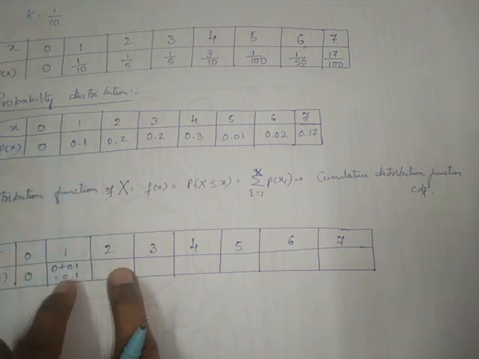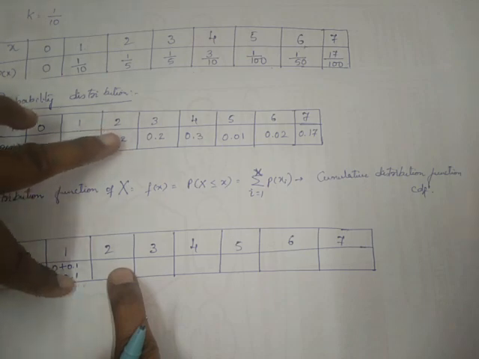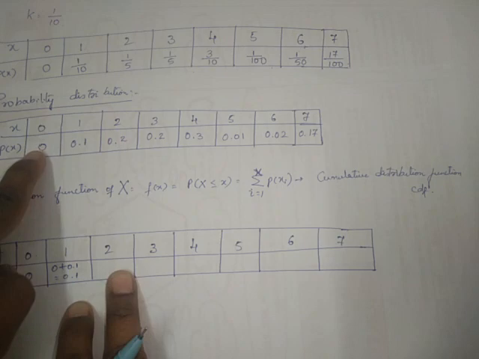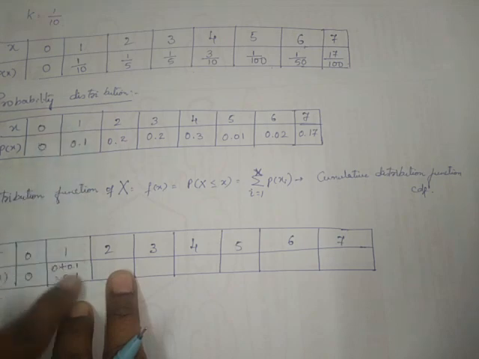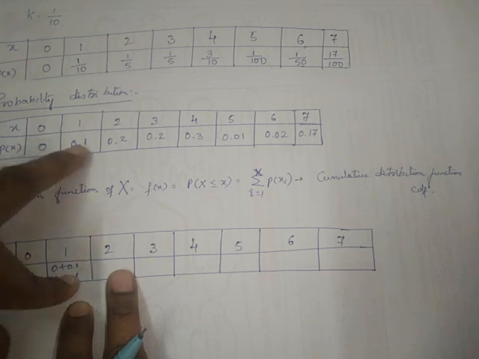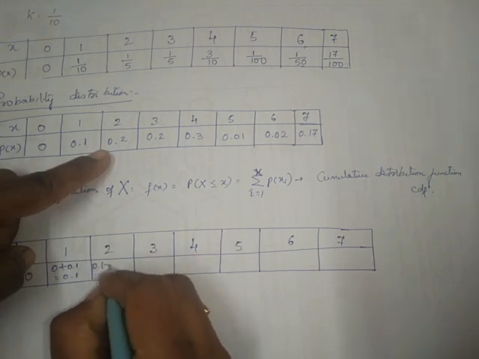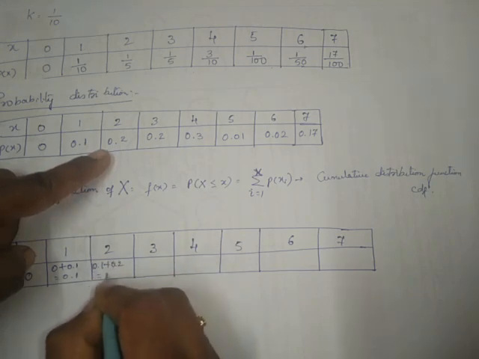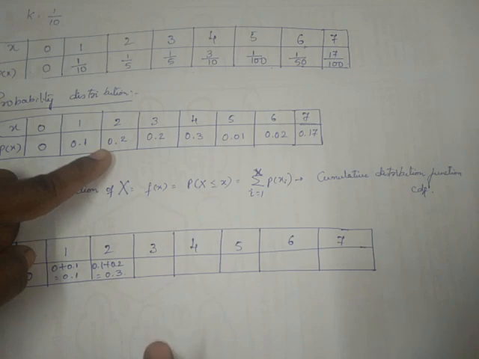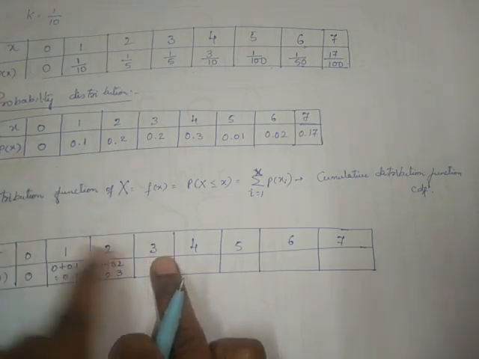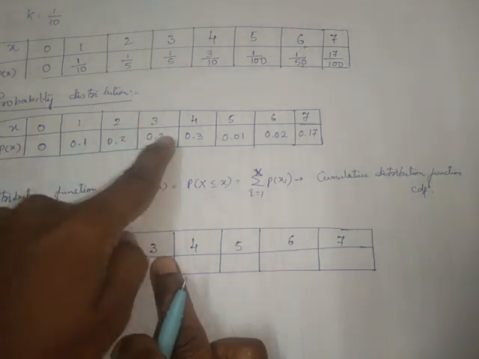So I'll add this and this, because the addition of the first two I have already taken here. 0.1 plus 0.2 is equal to 0.3.